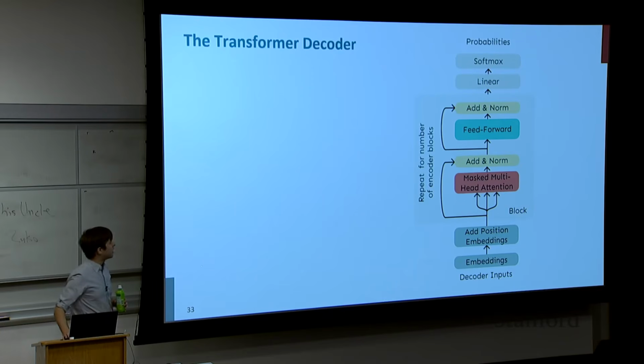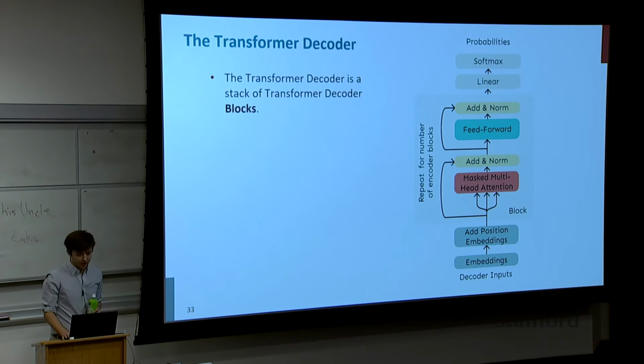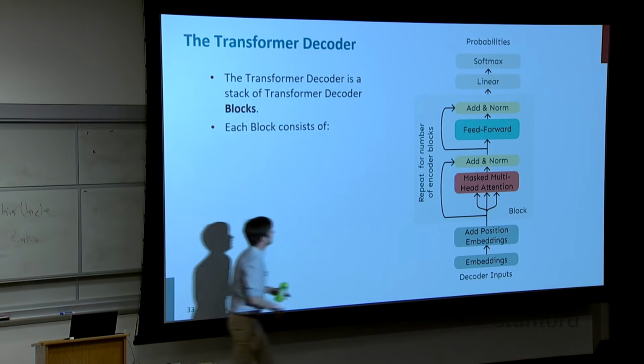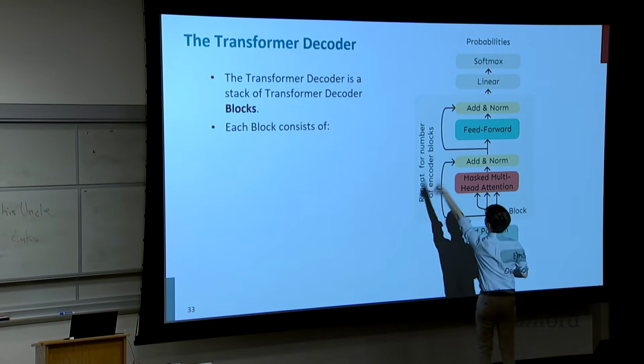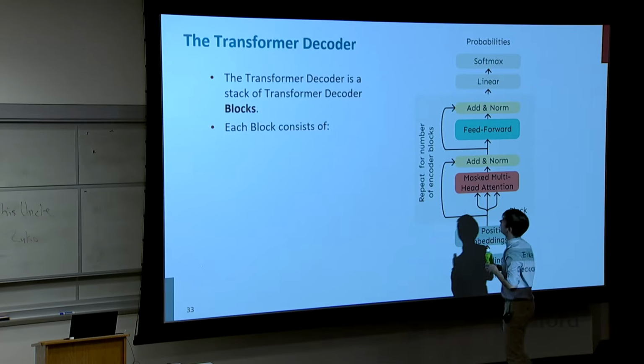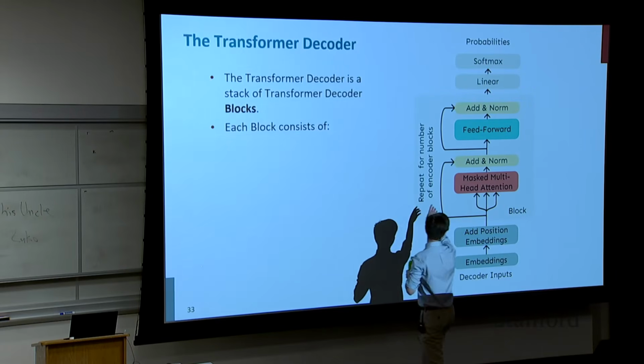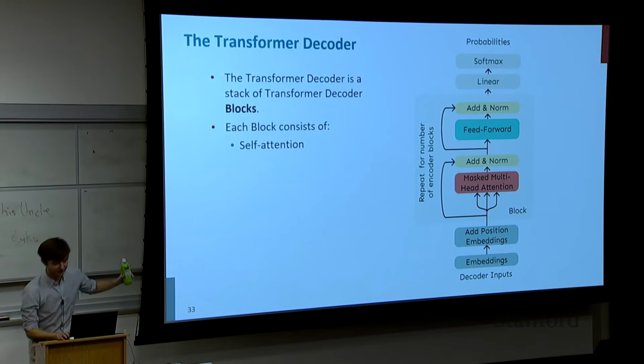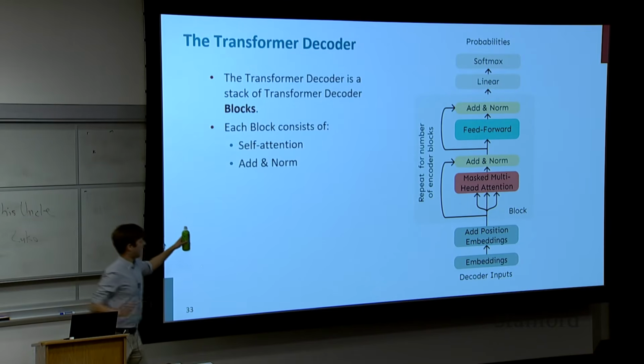OK, so now we have our full transformer decoder, and we have our blocks. In this slightly grayed out part that says repeat for a number of decoder blocks, each block consists of self-attention, and then my add and norm.